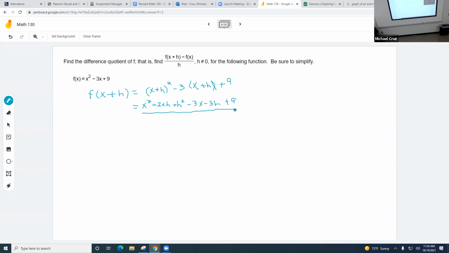All right, now this is where most people are going to mess up, because you're subtracting all of x squared minus 3x plus 9, and it's all going to be over h. So now I'm going to run that negative sign through.